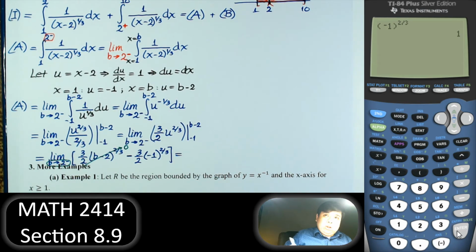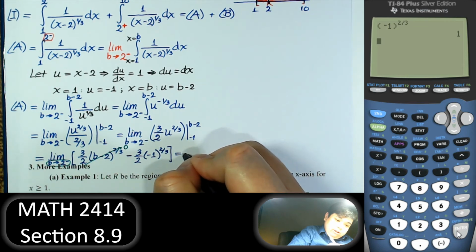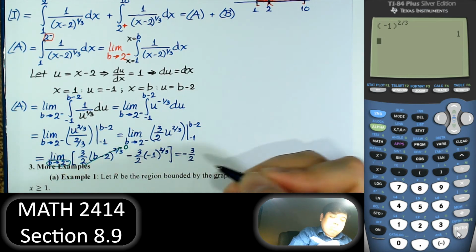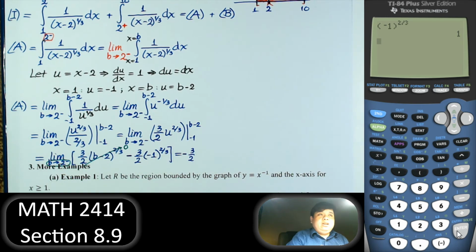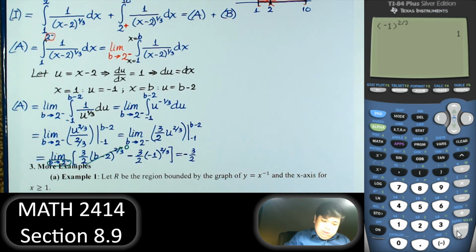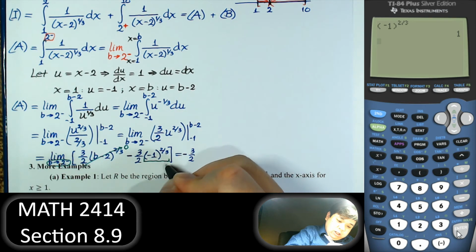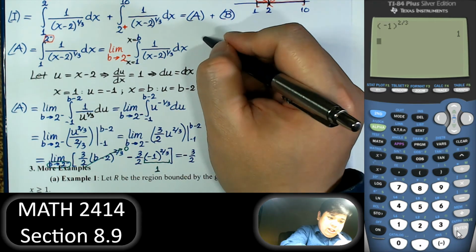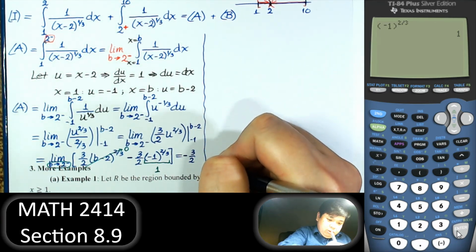So this equals negative 3/2 times 1, which is negative 3/2, right? Because this is equal to 1. So negative 3/2. Right, great. We actually can fit the problem in here.